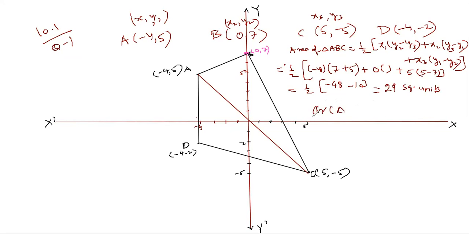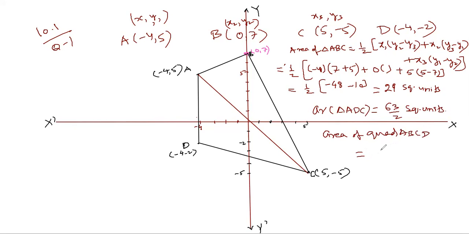The other triangle is triangle ADC. Its area will be, I am just writing, you can do it the same way, 63 by 2 square units. Then we have to find the area of quadrilateral ABCD, which is equal to the sum of the areas of these two triangles.